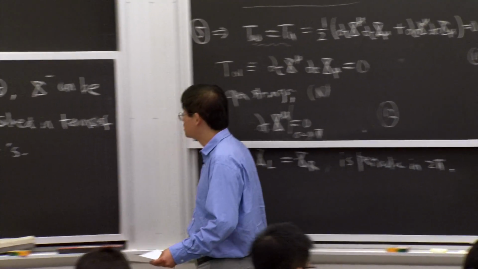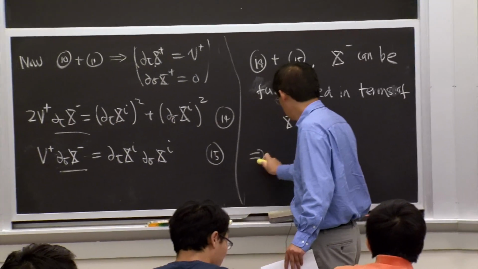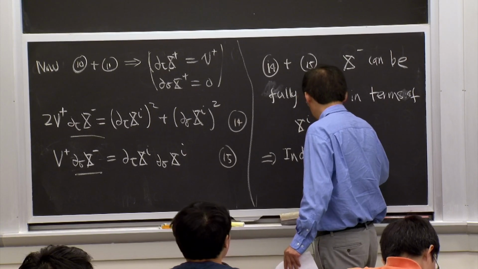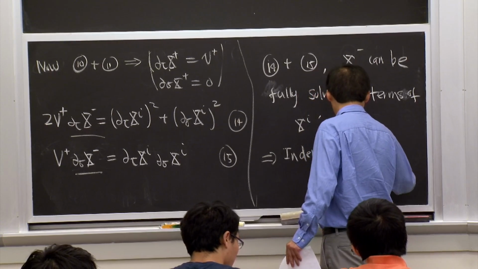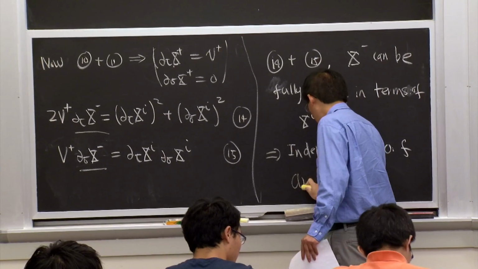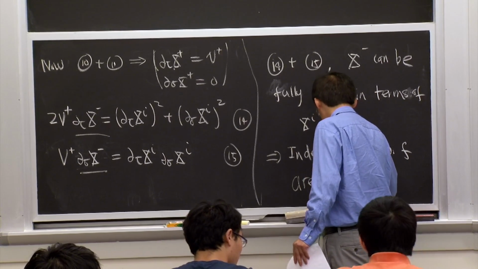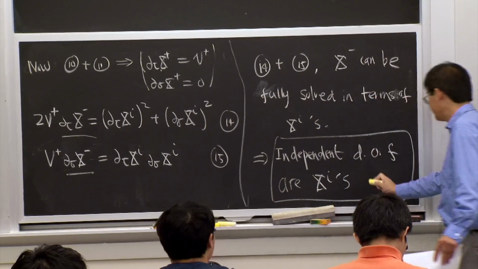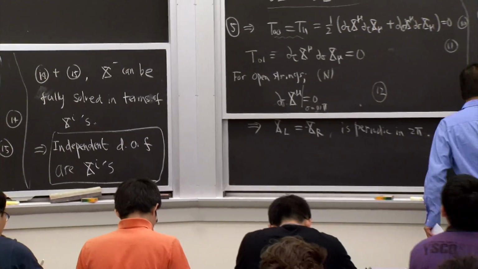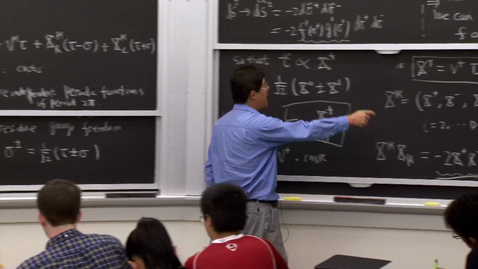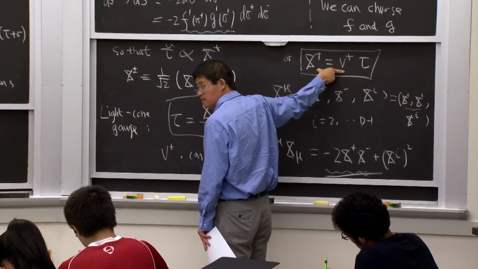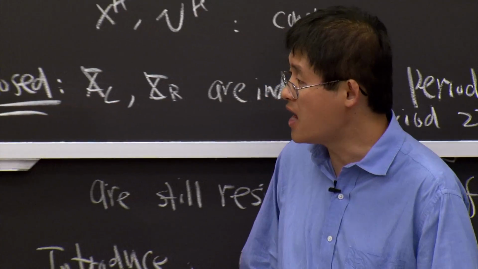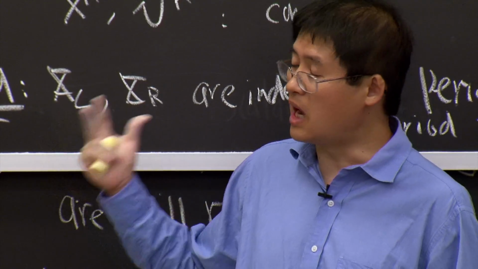So we conclude that the independent degrees of freedom are only xi's. Because x plus we already know by fixing the gauge, and x minus now is completely solved in terms of xi, so the independent degrees of freedom are only xi's.